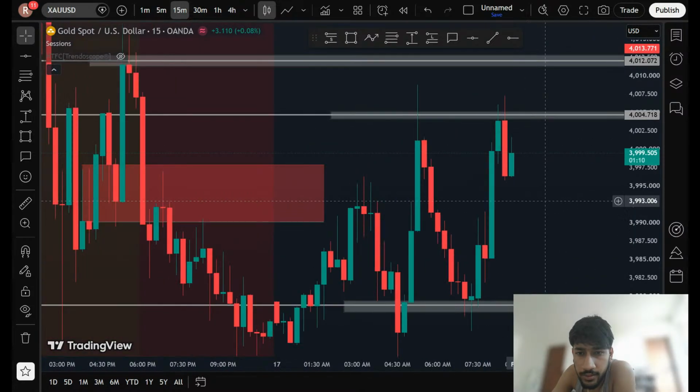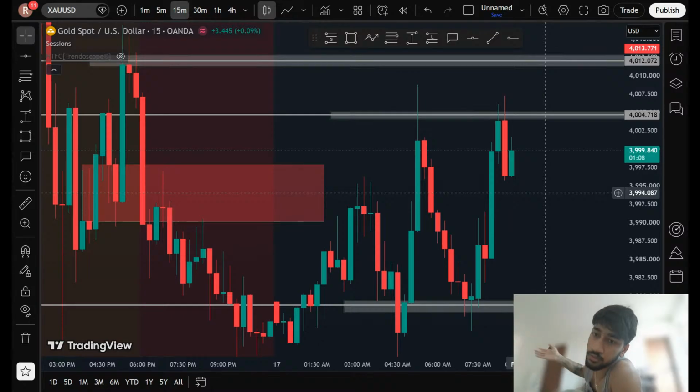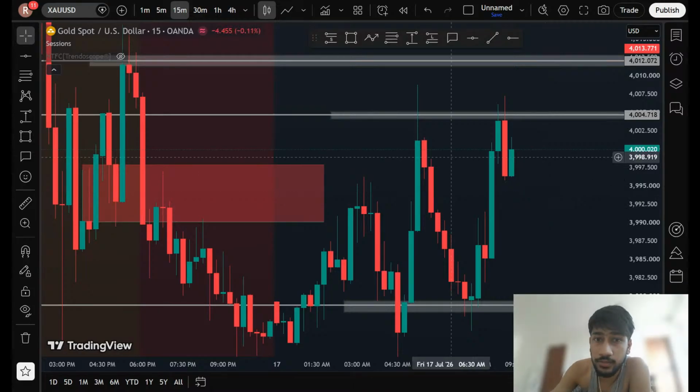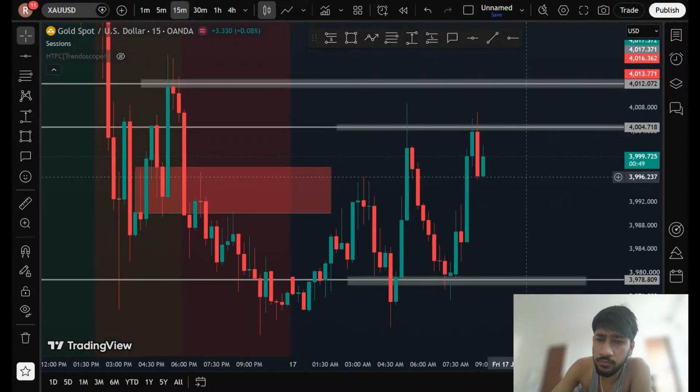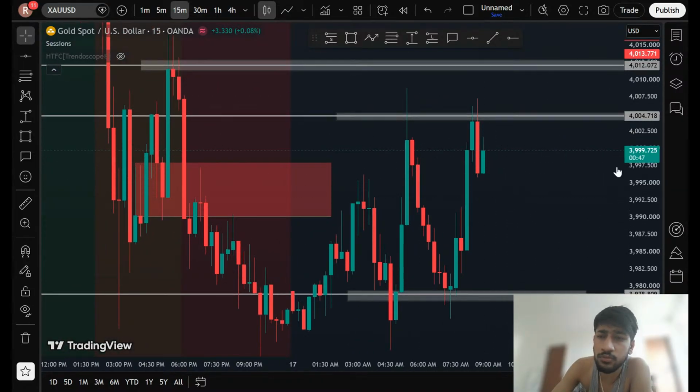So the thing that I have done wrong is entering on a rejection area without knowing it. My focus should be on entering on areas where there are no rejections. If there is a rejection and you think it's a weak fill or weak rejection, then you just gotta drop one time frame lower.